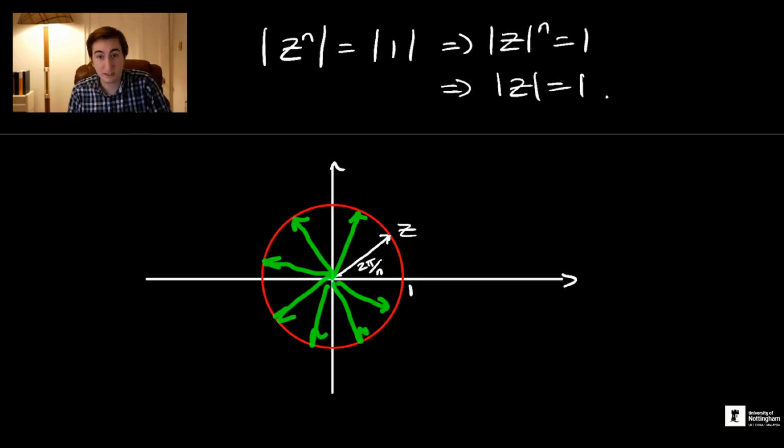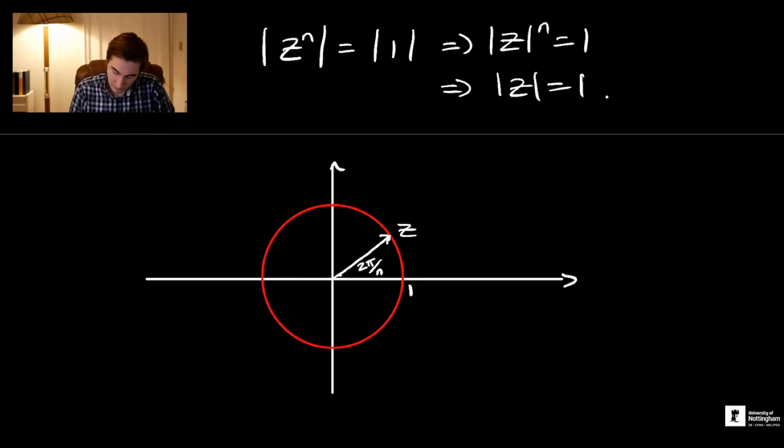What I get for z to the power of n is going to have argument, so we can write this as the argument of z to the n is simply going to be 2 pi.